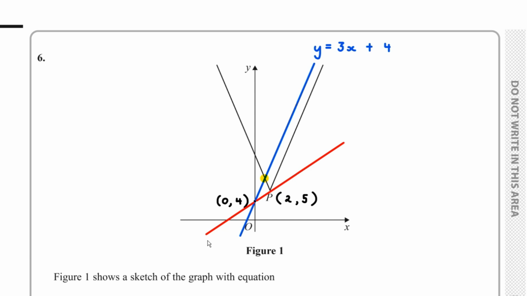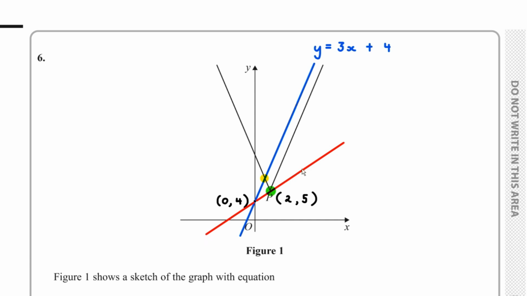Now, if I draw another graph here, this graph here passes through the point 0, 4, and it also passes through the vertex P. This gives us 1 point of intersection. So anything with a gradient greater than this line will give us 2 points of intersection.